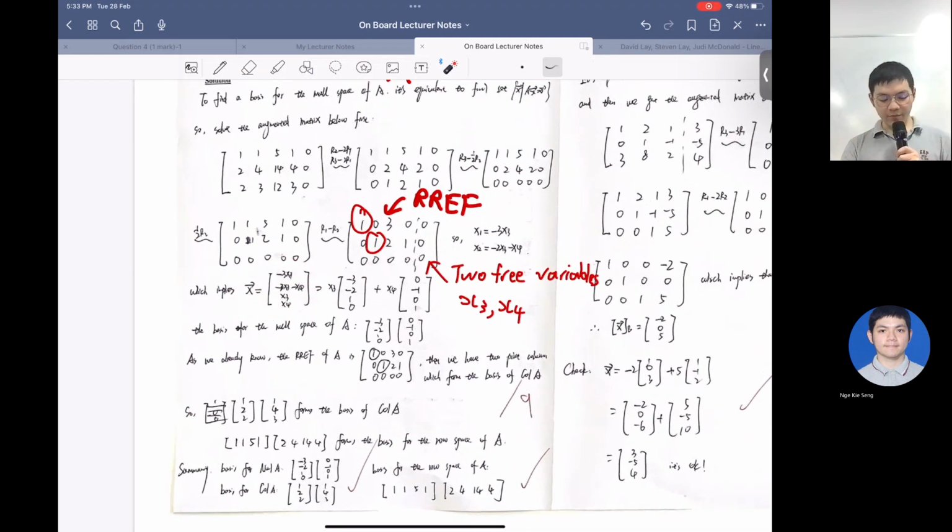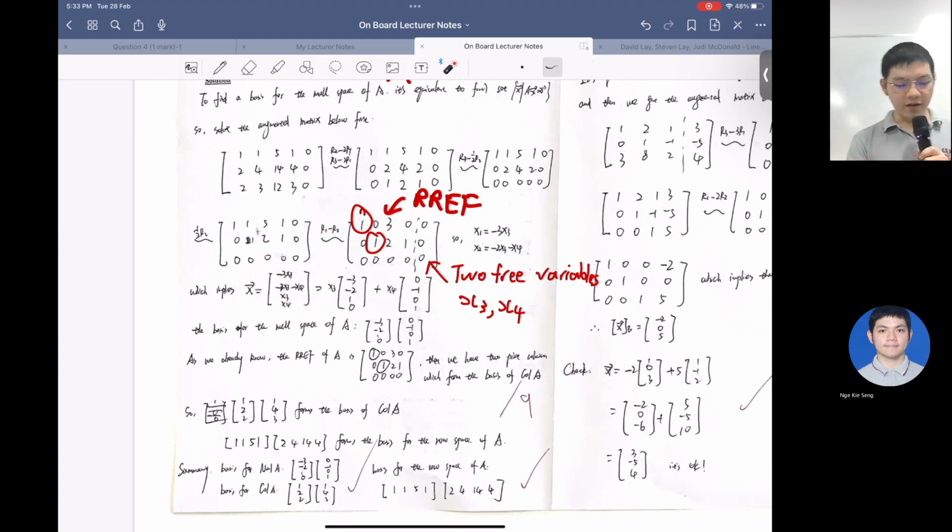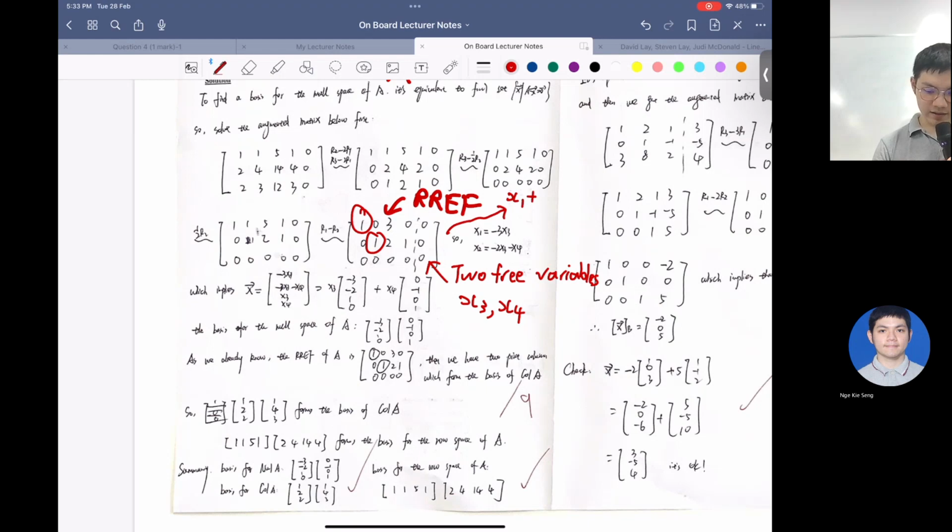Here some people have an issue with how to find the parametric form of this solution. First you should realize that this matrix is equivalent to x1 plus 0 times x2 plus 3 times x3 plus 0 times x4 equals 0.